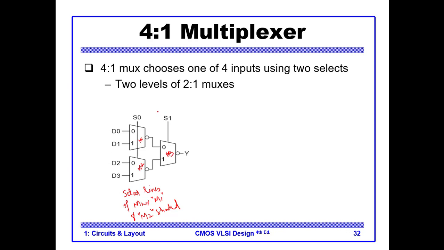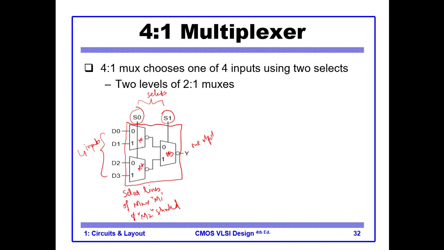So in this way we have two select lines, S1 and S0, and we have 4 inputs. We have D0, D1, D2, D3. Okay, so we have these two select lines, we have 4 inputs, and we have 1 output.